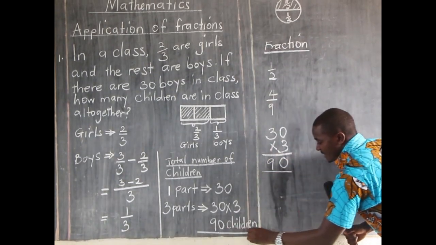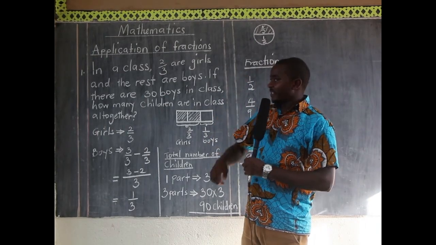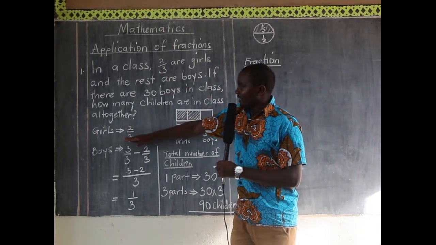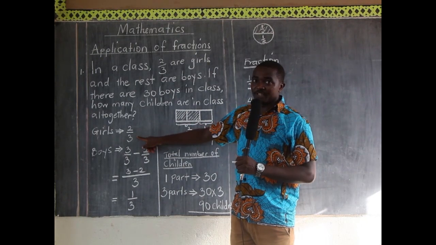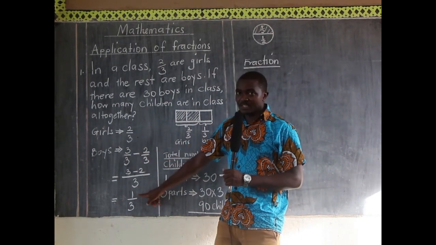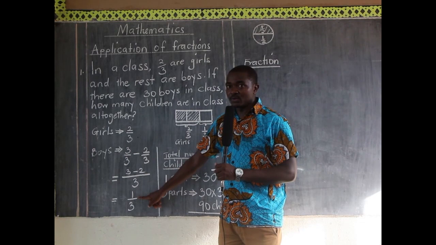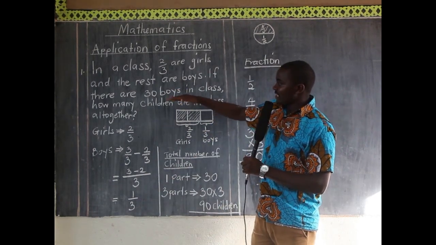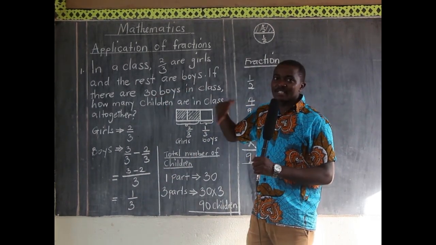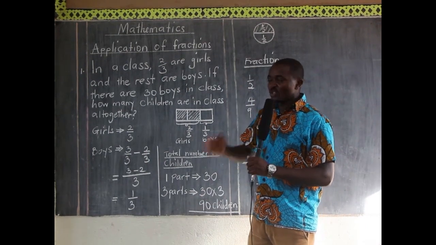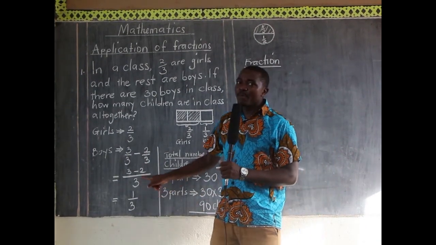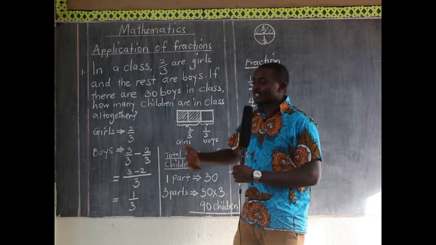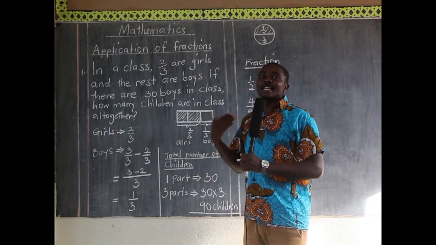As simple as this. Boys and girls, for emphasis, if the fraction of girls is 2 out of 3, and the fraction representing the number of boys is 1 out of 3, and the question is giving us the number of boys in the class, we must use the fraction for boys to help us get the total number of children in the class.